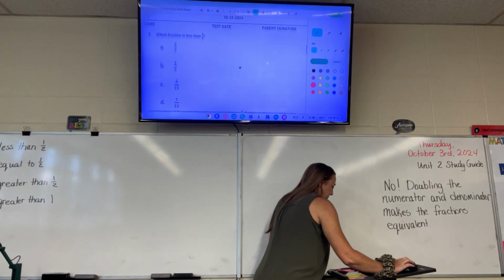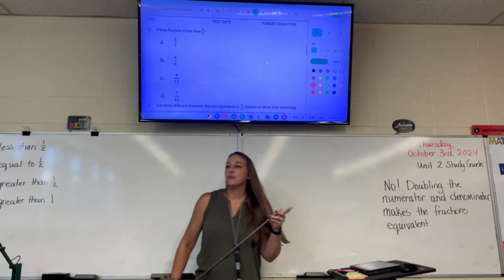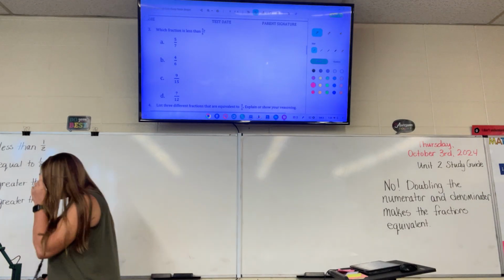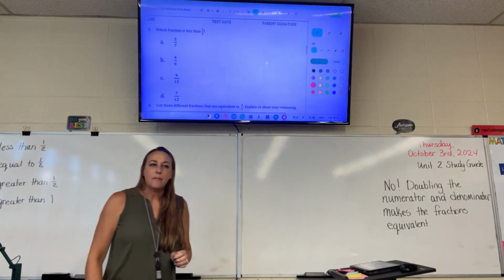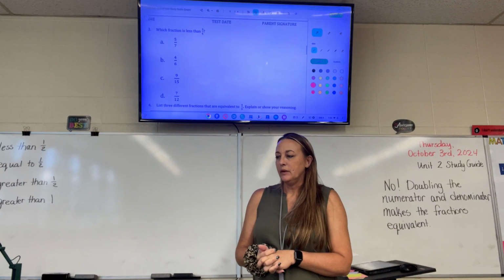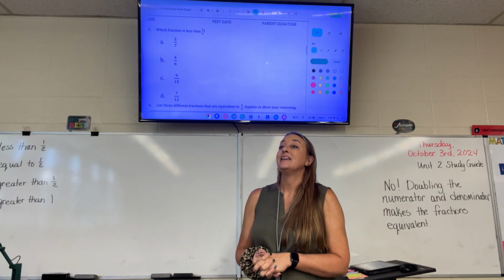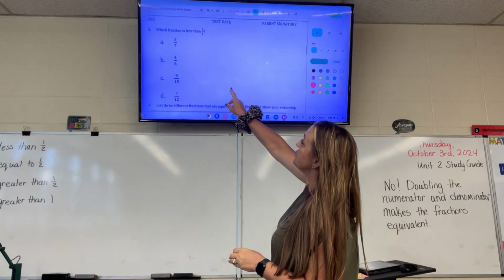Number 3. Which fraction is less than 3/5? How can we figure this out? Evan? You can cross multiply. Yes. We're going to cross multiply.